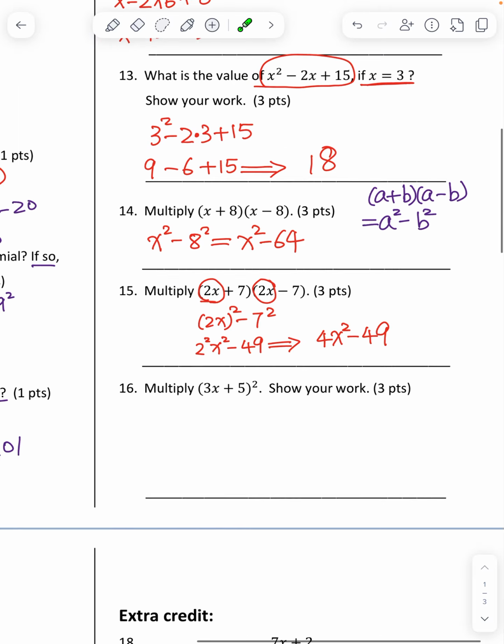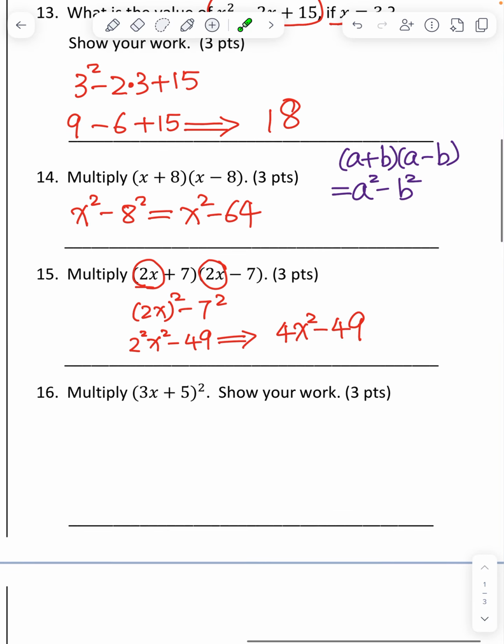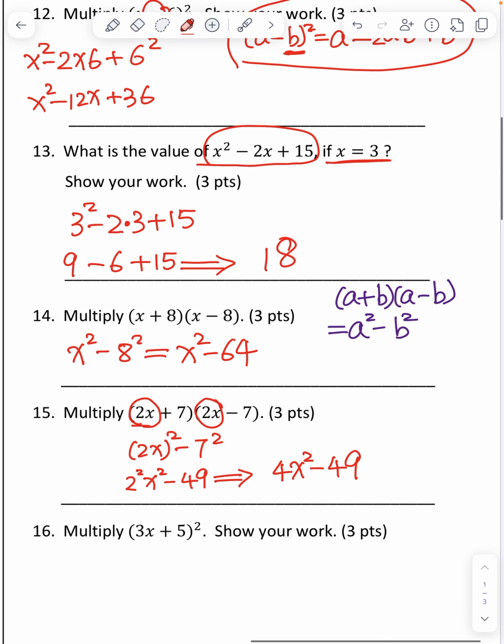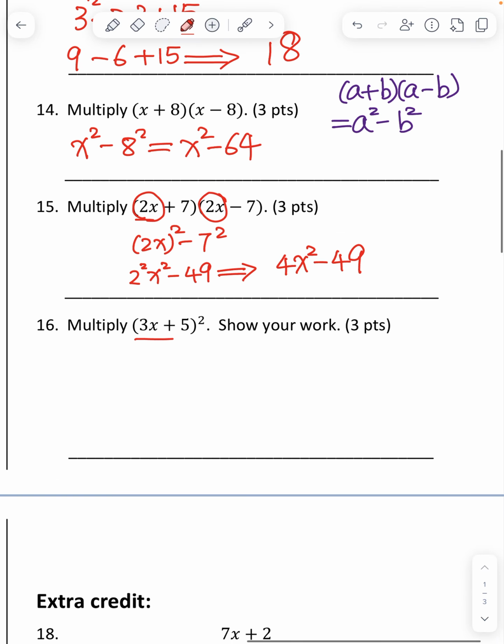Number 16, multiply. Another formula. We had a formula right here, this is minus. And then we also have a formula that is plus. So a plus b squared equals first term squared plus 2ab plus b squared.